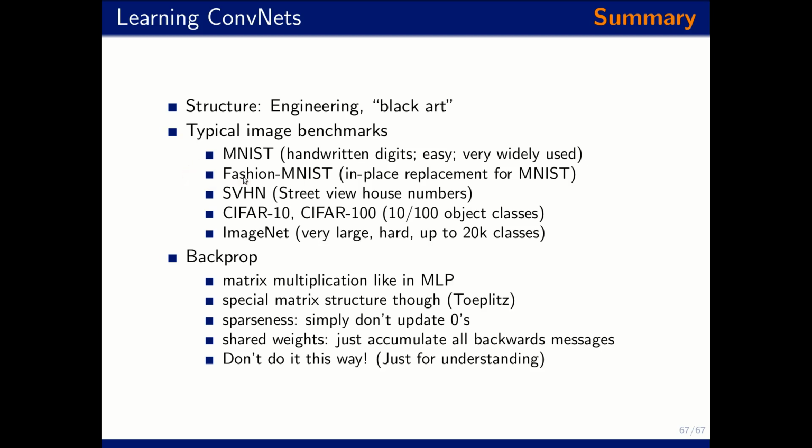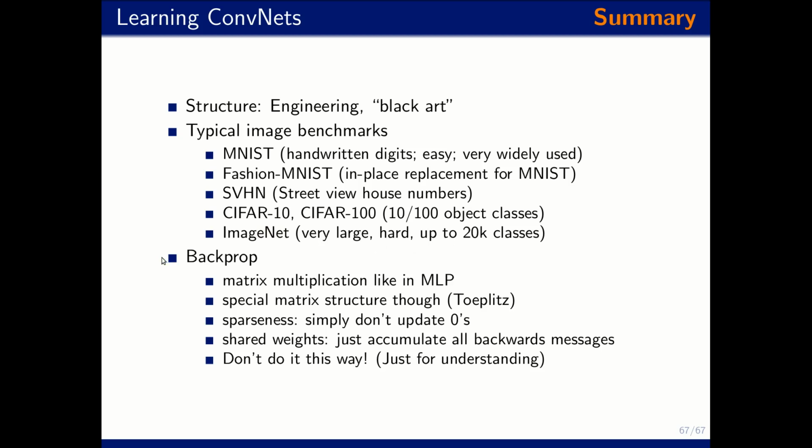Fashion MNIST is the same format as MNIST, but showing fashion items instead of digits. Street View House Numbers, which are photographs of house numbers. CIFAR-10 and CIFAR-100, a small scale object recognition task. And ImageNet, one of the most challenging tasks with up to 20,000 classes and millions of examples.